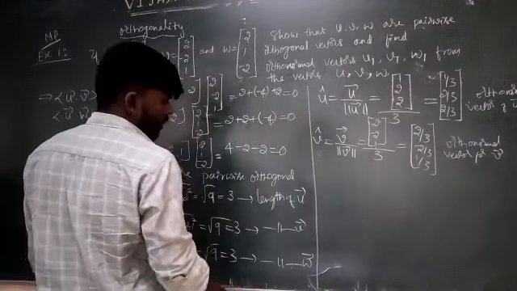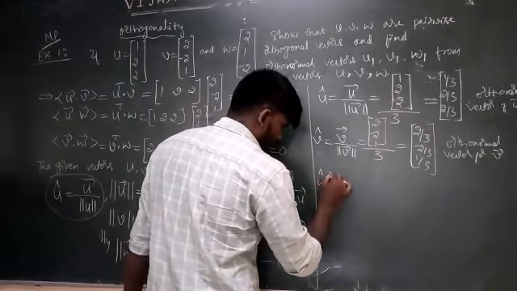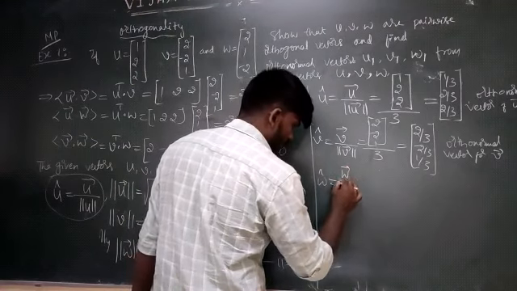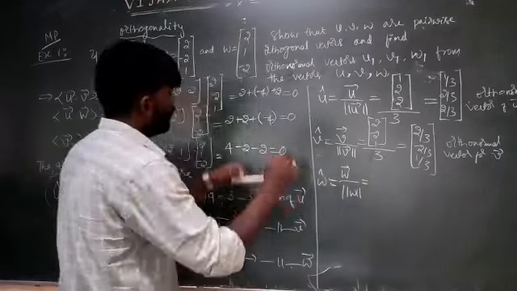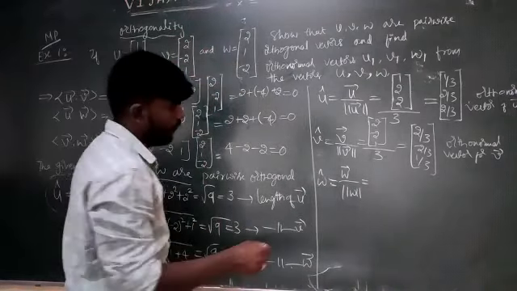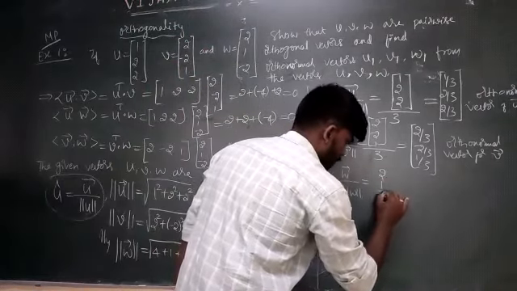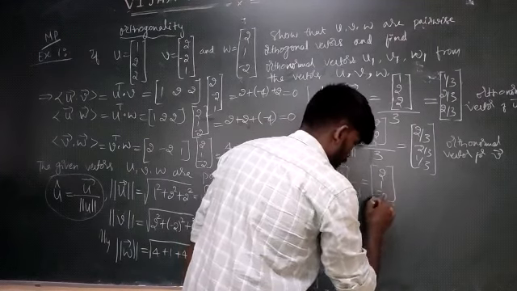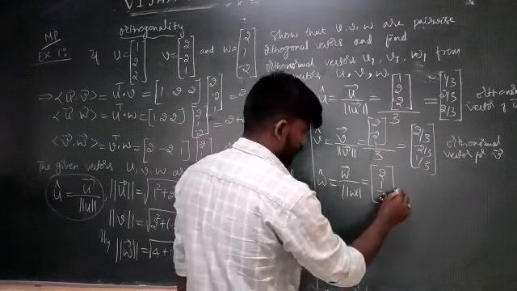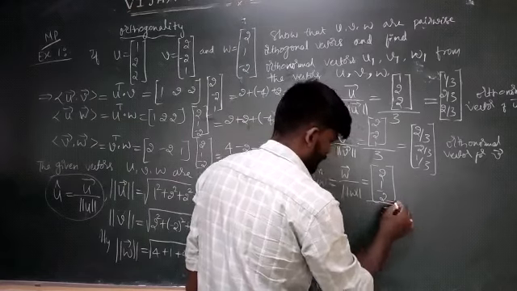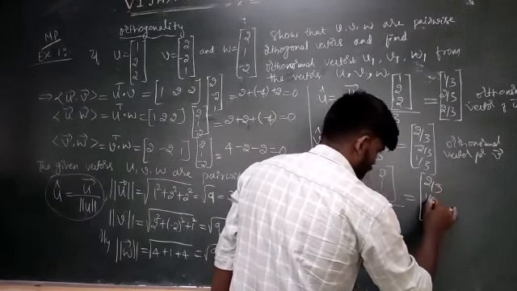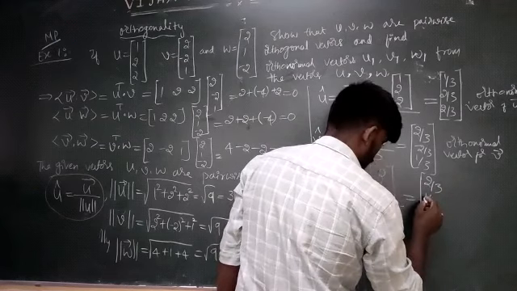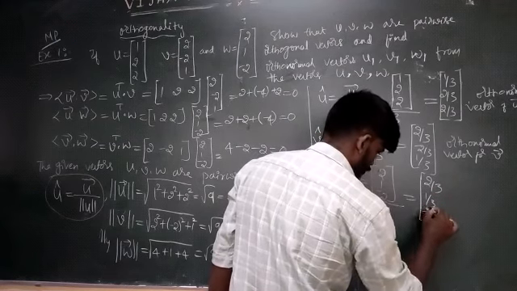And the orthonormal vector for w: vector w is 2, 1, -2, and the norm is 3. Dividing by 3 gives 2 by 3, 1 by 3 and -2 by 3.